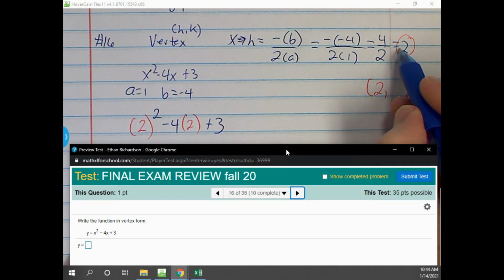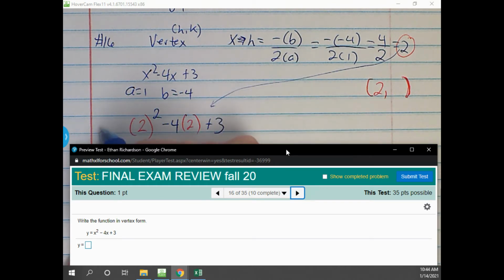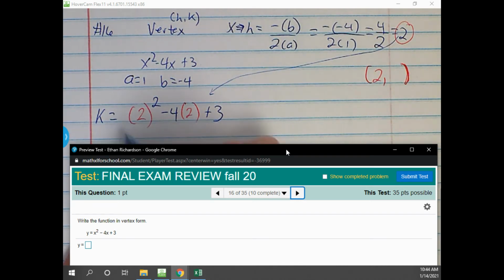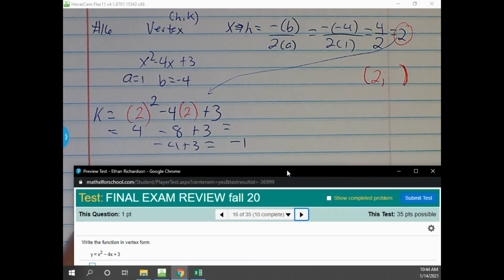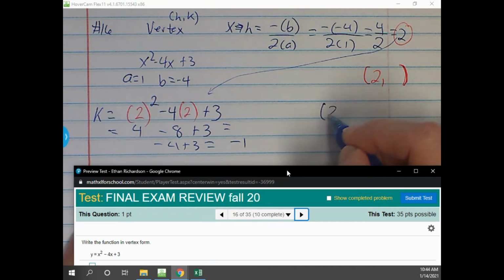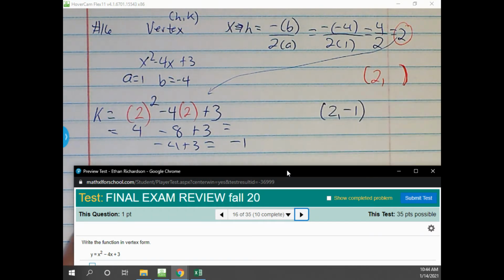And when we plug that number back in, that's going to be the k value. So that is 4 minus 8 plus 3, which is -4 plus 3, which would equal -1. So the vertex for this one would be at 2, -1.